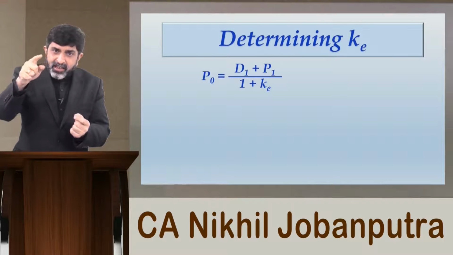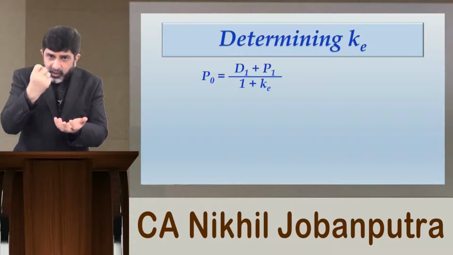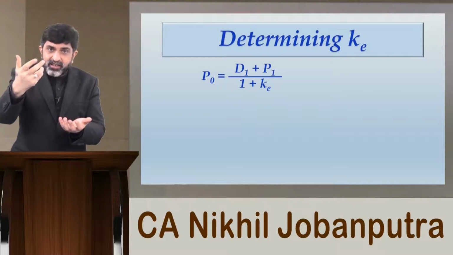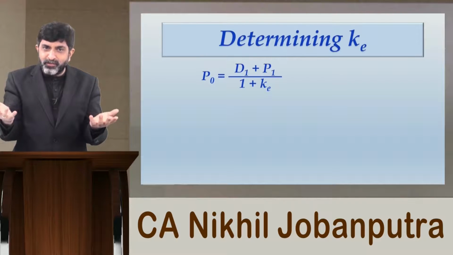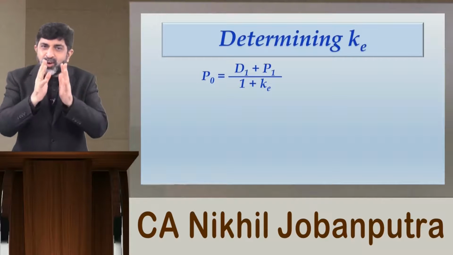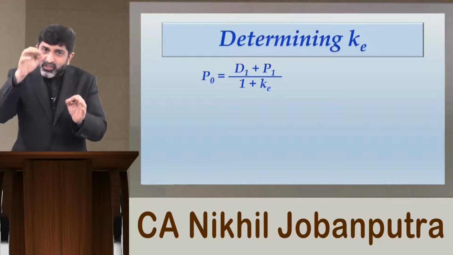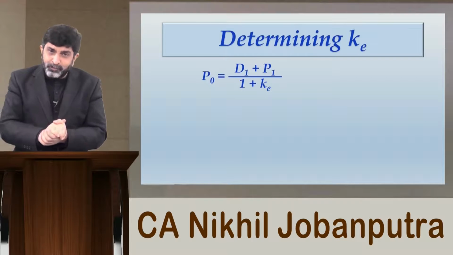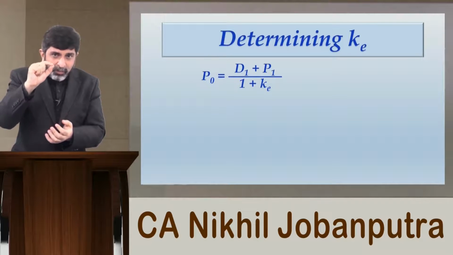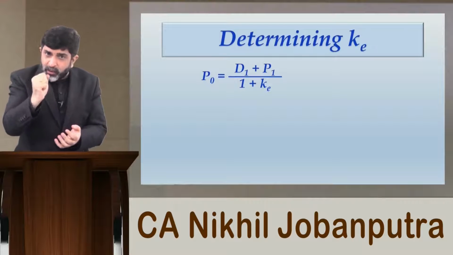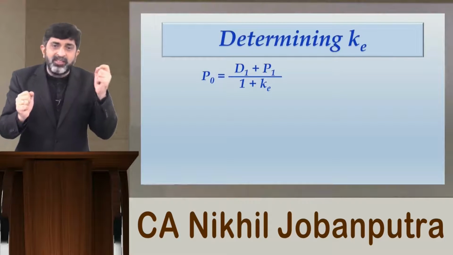Convert that rupees 80 into a rate of return as a percentage. By investing 200, if you are expecting to earn rupees 80, your rate of return is 40%. When you look at that example from any angle, you understand logically that the shareholder has an expectation of 40%. Now apply that 40% as the expected rate of return for the equity shareholder. If 40% is the expected rate of return for the equity shareholder, symbolically it becomes KE.